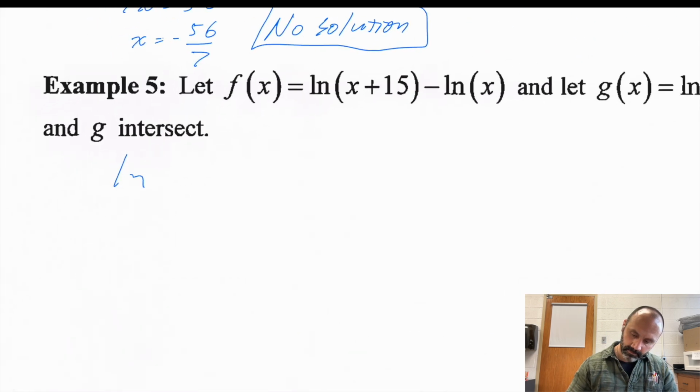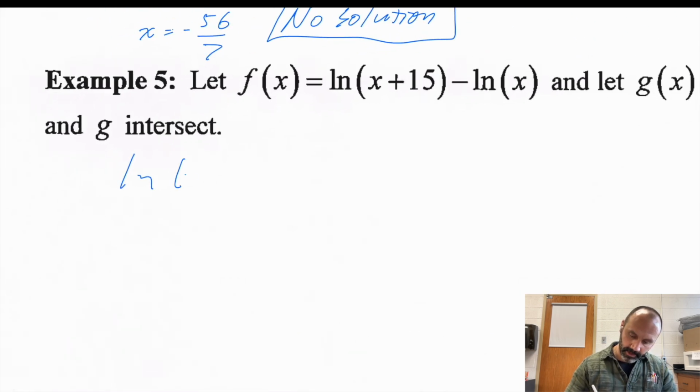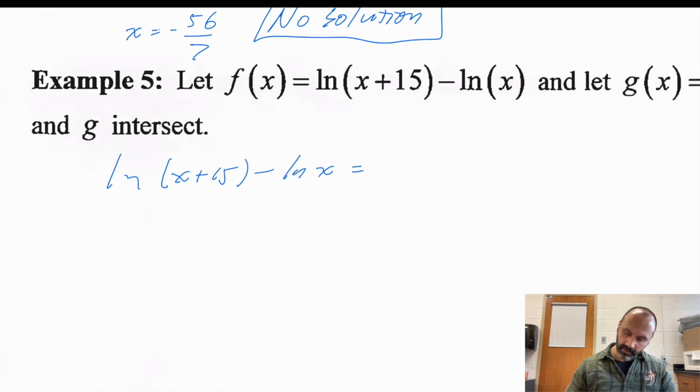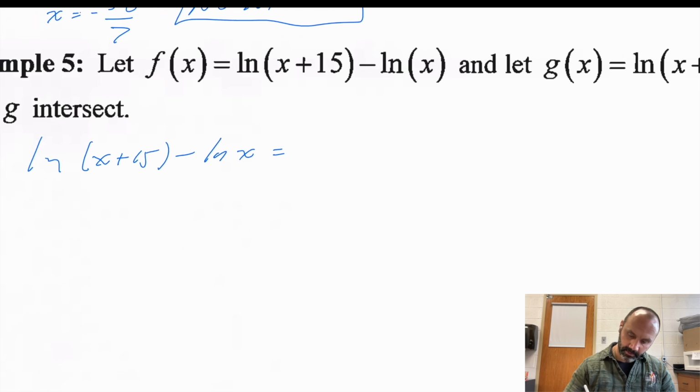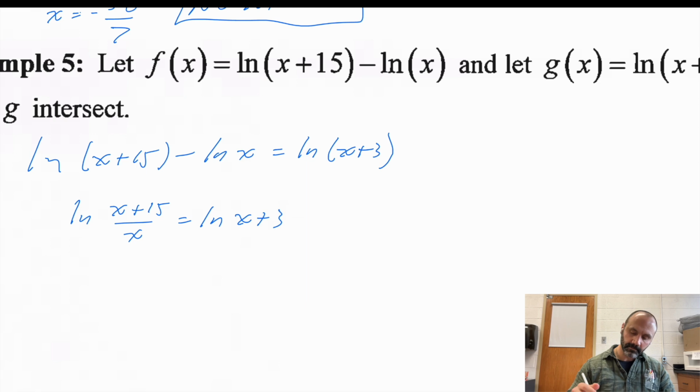So let's set them equal to each other. Natural log of x plus 15 minus natural log of x. I'm going to set that equal to g, which is natural log of x plus 3. So that's the log of x plus 15 over x equals natural log of x plus 3.